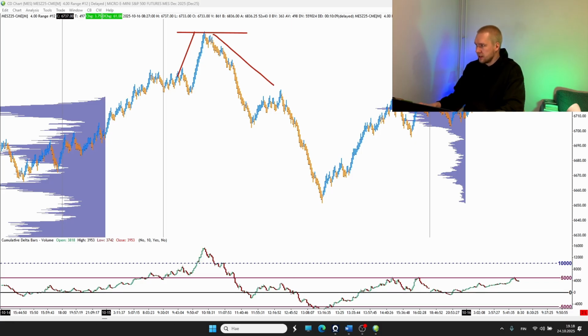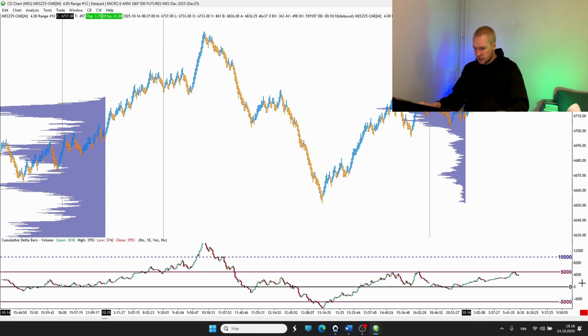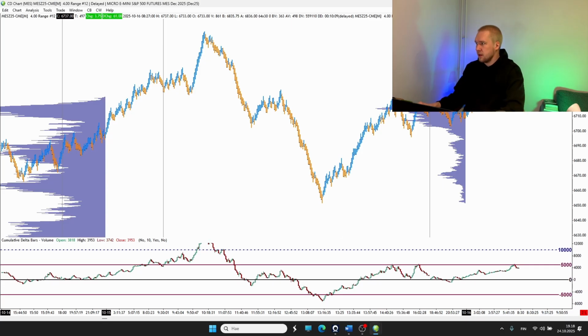But if we look at the cumulative delta here, we can actually see that it came to just about 0, right? And it bounced up from there. So it's very easy to see, based on the cumulative delta, that this could be a delta reset, okay?